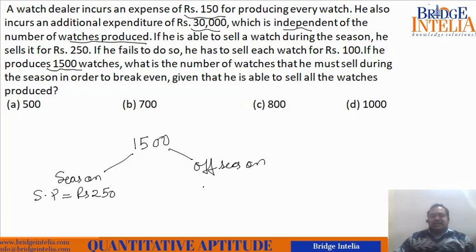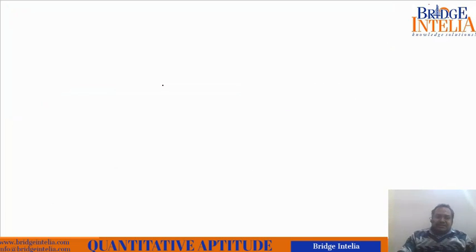But if you are selling off season, the customer is paying you only rupees 100. So the question is, how many watches do you have to sell during the season to break even? Now another term, what is meant by breaking even? Breaking even means doing business in such a way that you incur neither profit nor loss. So let's see the mathematics of it.